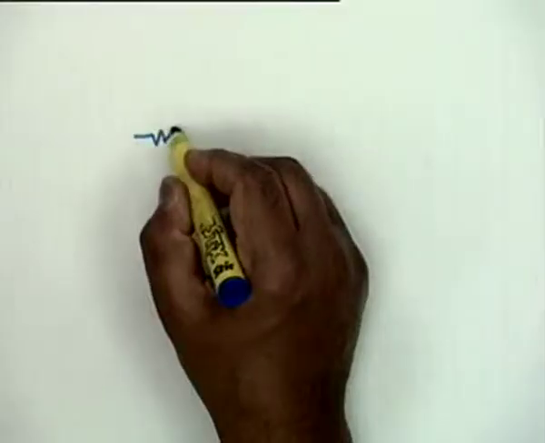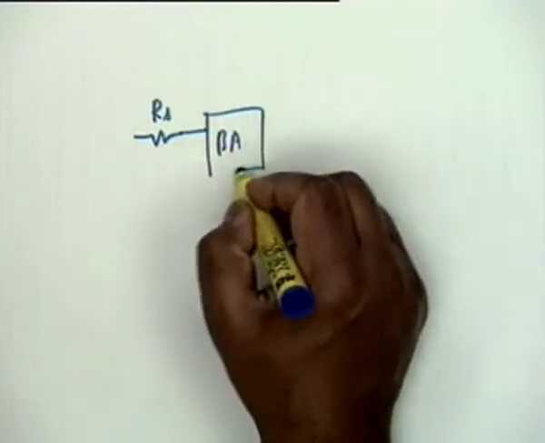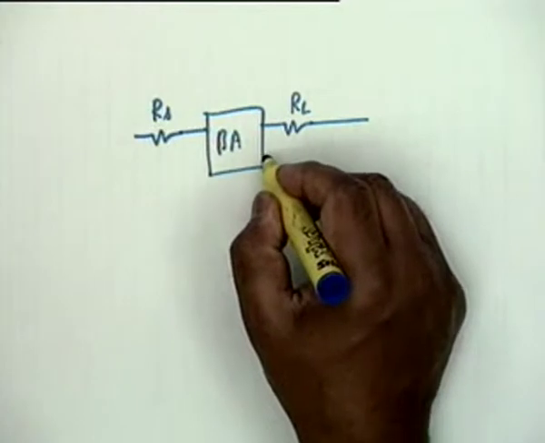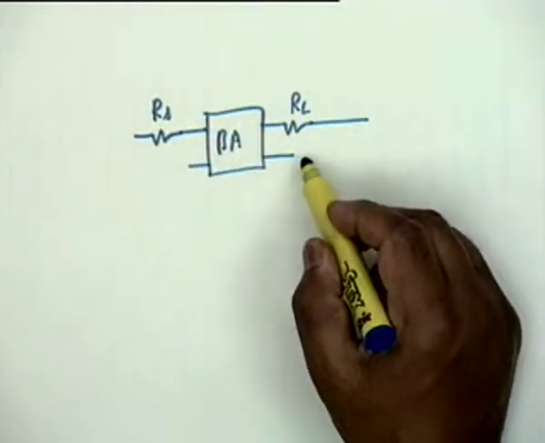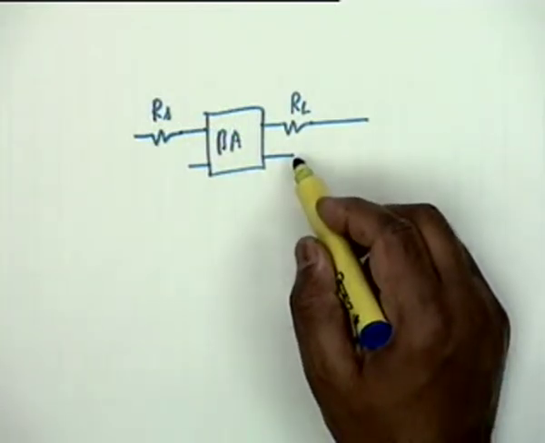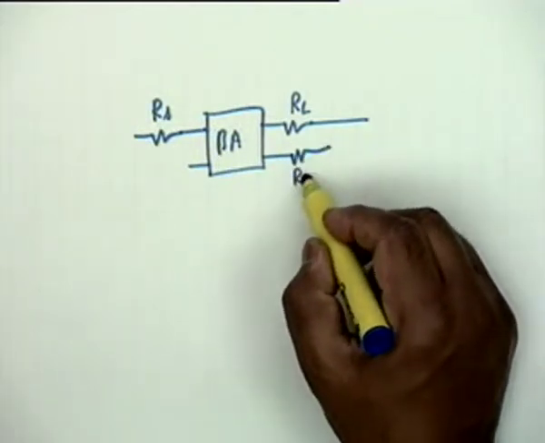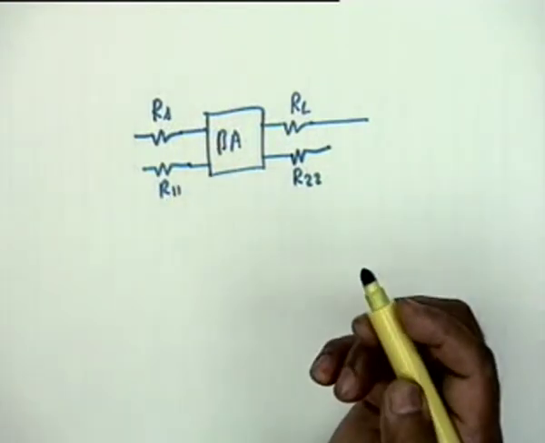The A circuit would be Rs, basic amplifier, and then RL. Now obviously two resistances will come at the other end. Call this R22 and call this R11. Agreed?